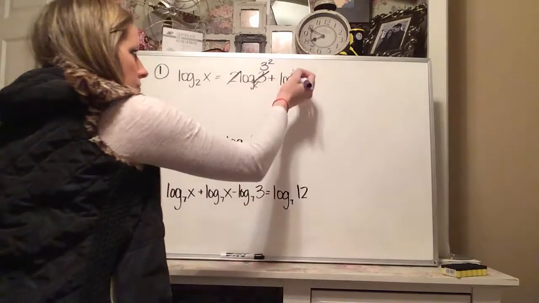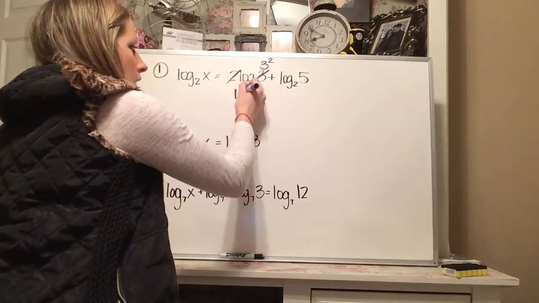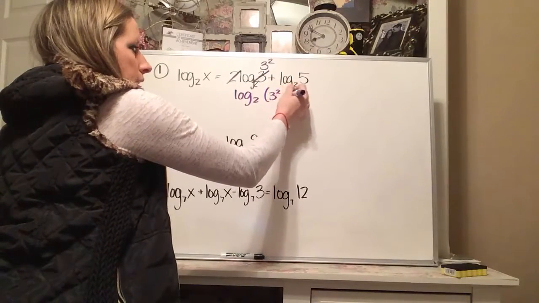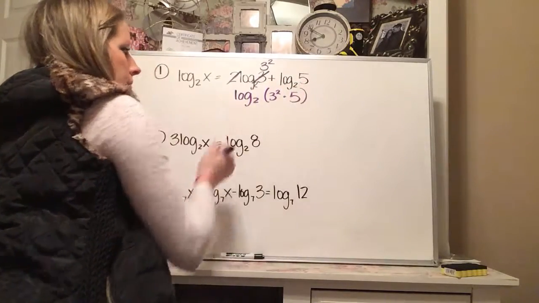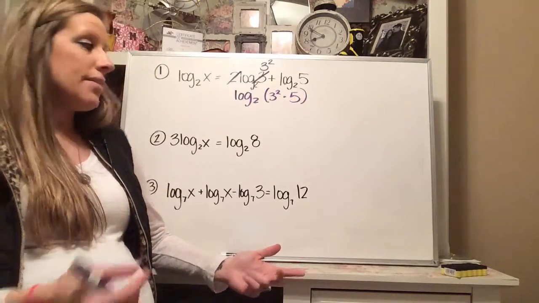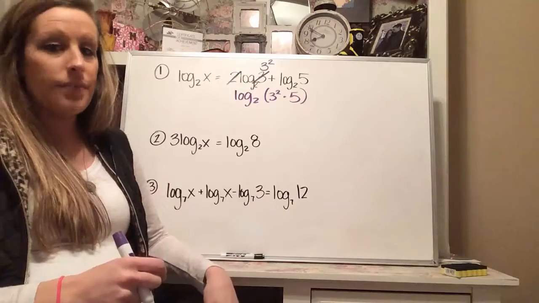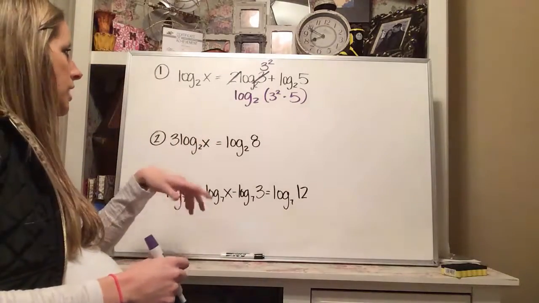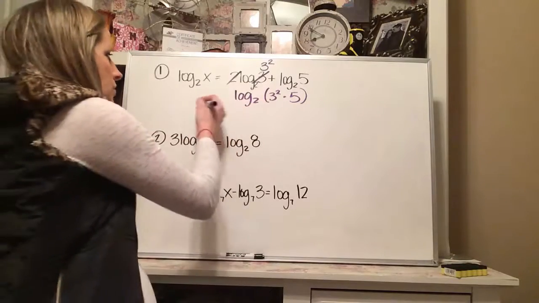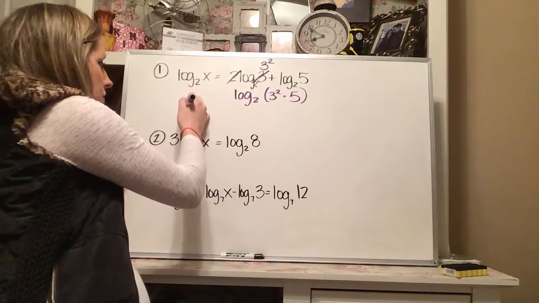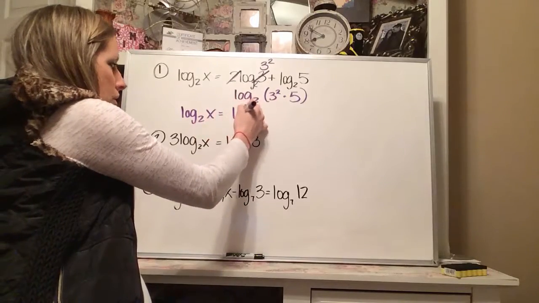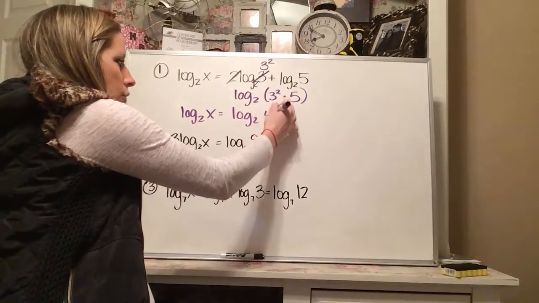So we're going to have log base 2 of 3 squared times 5. Okay, so we can figure out what 3 squared times 5 is. We can punch that in our calculator. So 3 squared times 5, let's see, that'd be 9. 9 times 5 is 45. So we have log base 2 of x equals log base 2 of 45.